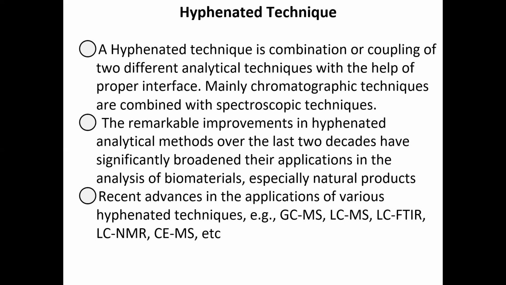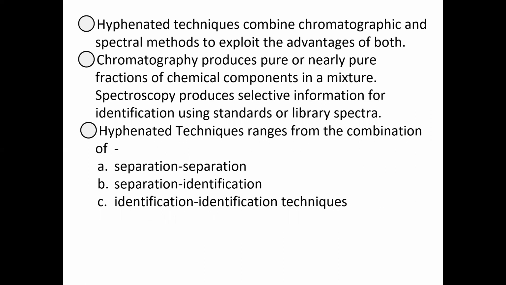Now, recent advances in application of various hyphenated techniques, examples are GCMS, which is very commonly used, LCMS also used, LCFTIR, which is also very commonly used, LCNMR, CEMS, etc. Hyphenated techniques combine chromatographic and spectral methods to exploit the advantages of both, as I mentioned earlier.